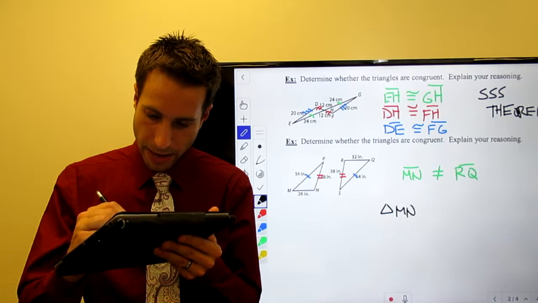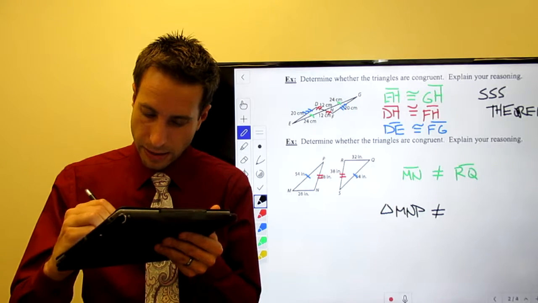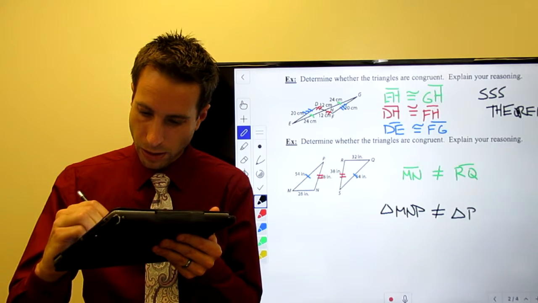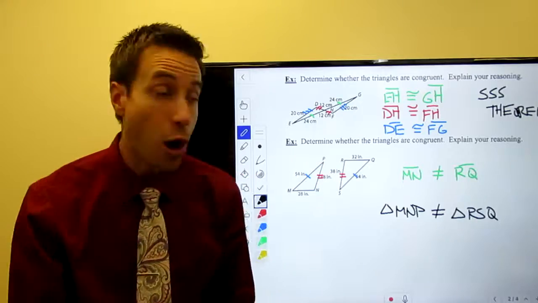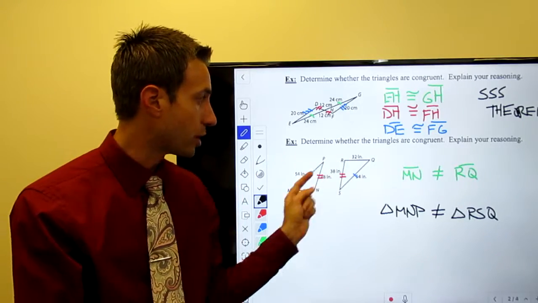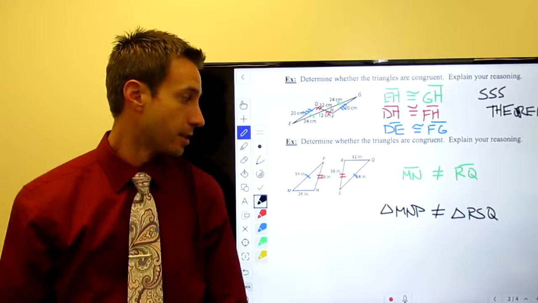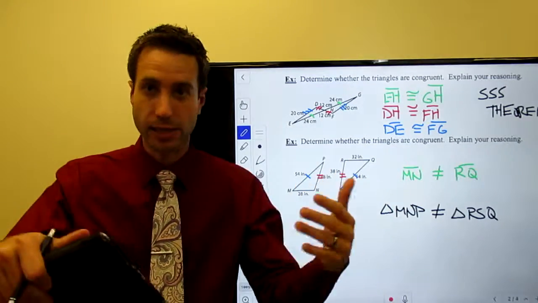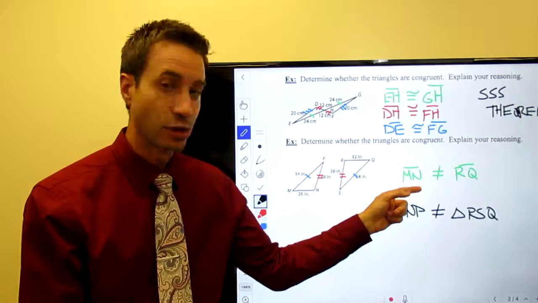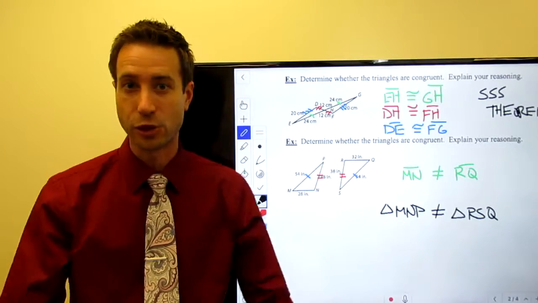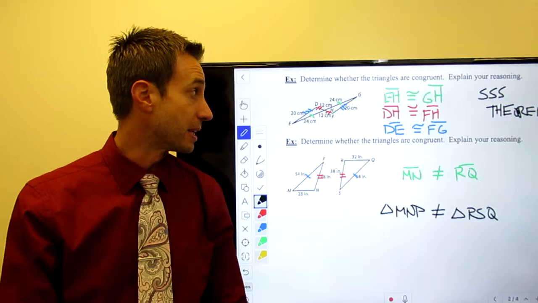Triangle MNP is not congruent to triangle RSQ, and I know that because I just showed that one of the pairs of corresponding sides is not congruent. 28 inches, 32 inches, that's not the same. Different measures. So because those sides are not congruent, I know that these two triangles can't be congruent.